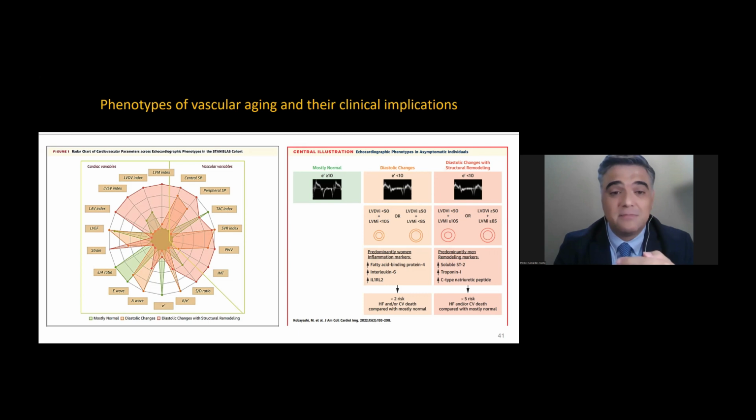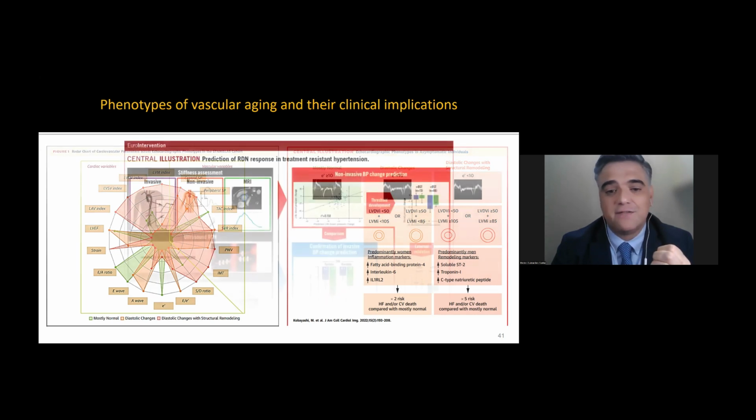And this was done in patients that were, of course, at the beginning asymptomatic, and therefore to whom we could predict a more gruesome development of disease if we would apply these characterization features, including pulse wave velocity and phenogroups.